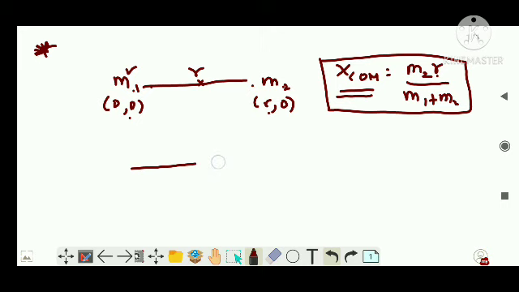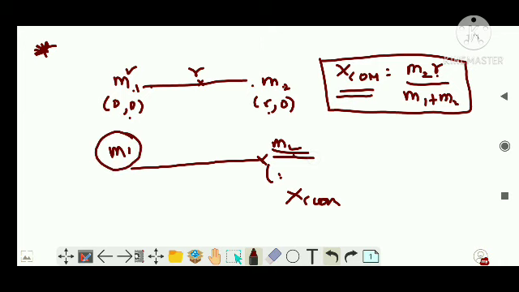See, for the same question, when this is m1 and m2, if I take this guy as origin, then I can say x center of mass, this is the origin, or if I take m2 as origin, then I will write m1 into r divided by m1 plus m2.